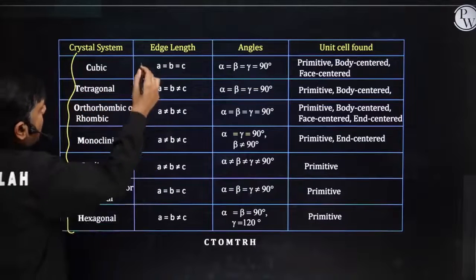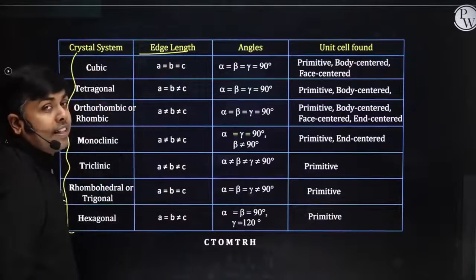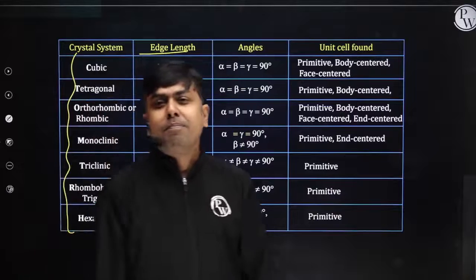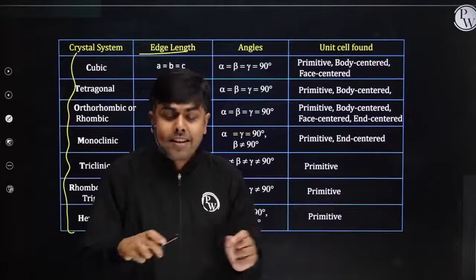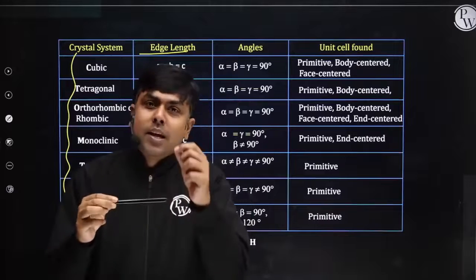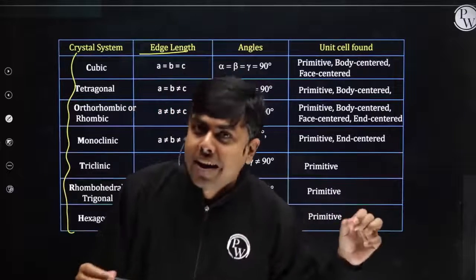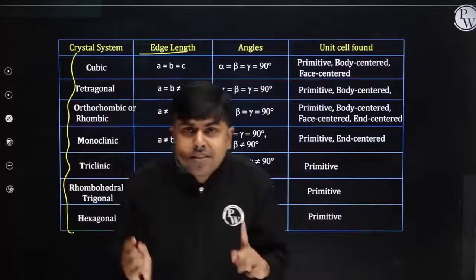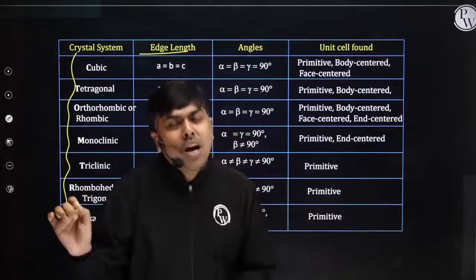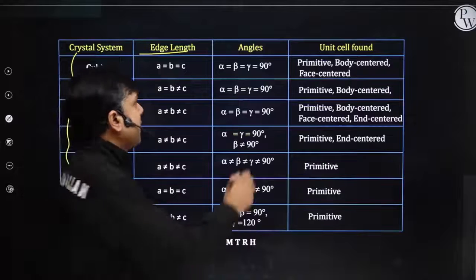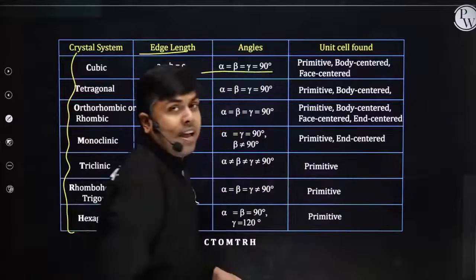Students, if I talk about the edge length in the case of the cubical Bravais lattice, the edge lengths are the same: a equals b equals c, length, width, height equal. Even the interfacial angles are equal: alpha equals beta equals gamma, equals 90 degrees.